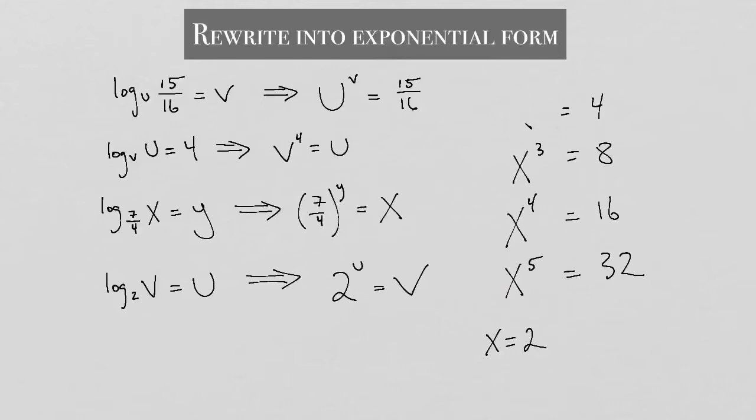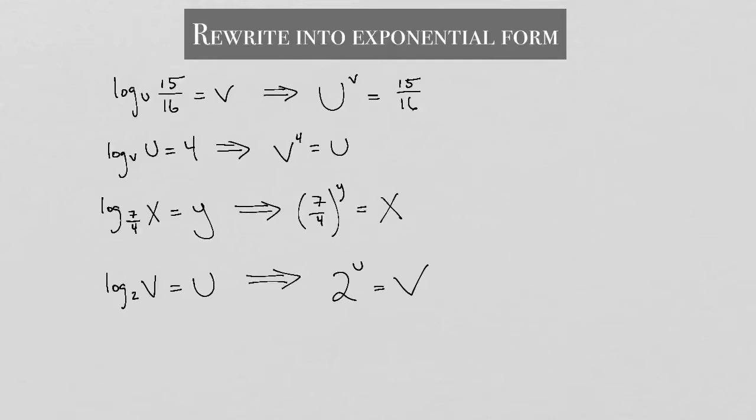In other words, when we're getting into exponential equations, we're saying 2 to the x, 3 to the x, 4 to the x, 5 to the x, and then we say x equals 2.